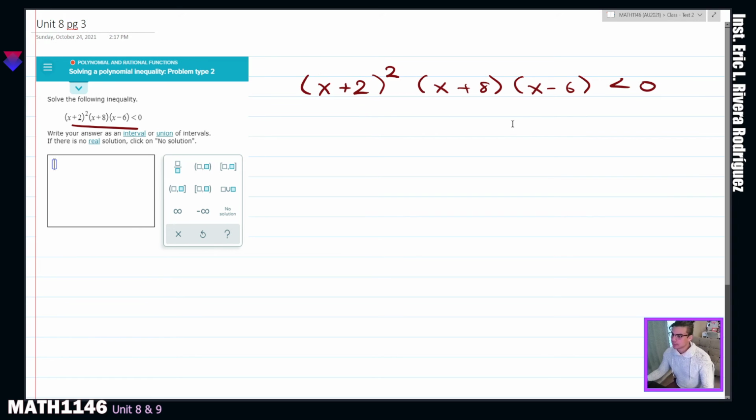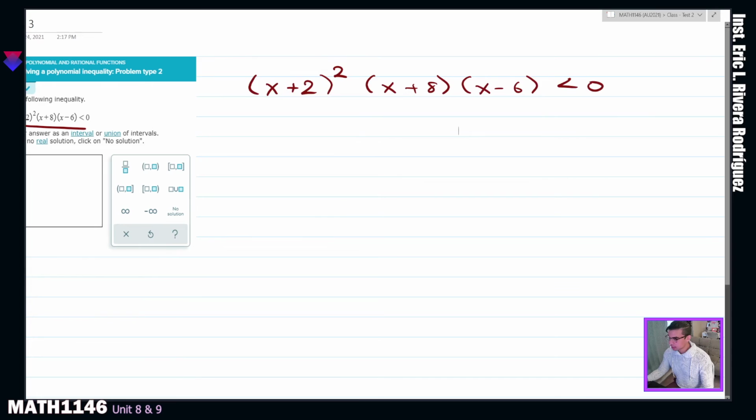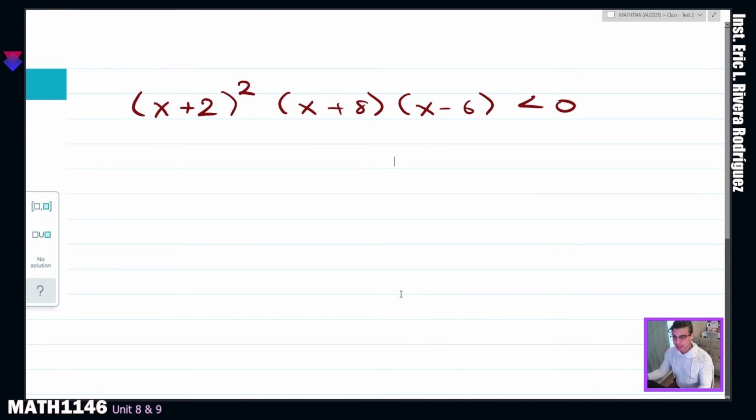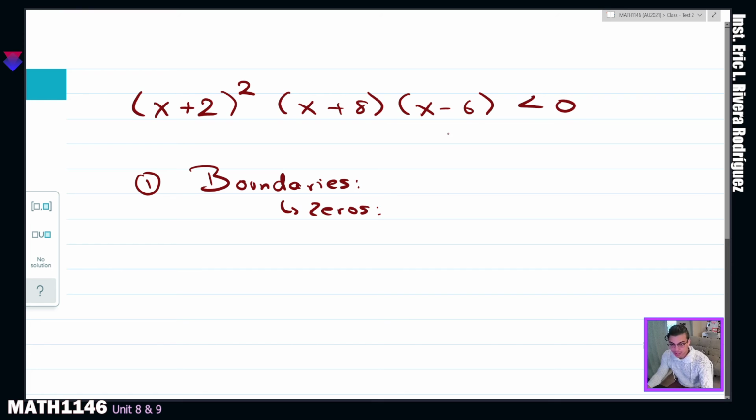All right, so there is the exercise. Again, we are looking for x values that make this polynomial negative. So let's start with identifying the boundaries. The boundaries here are just the zeros of this polynomial. What are the zeros of this polynomial? We have 3 linear factors.